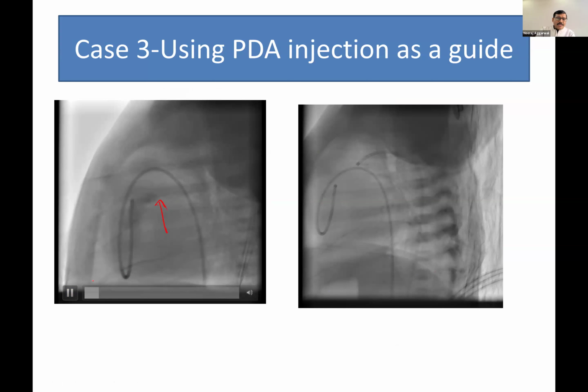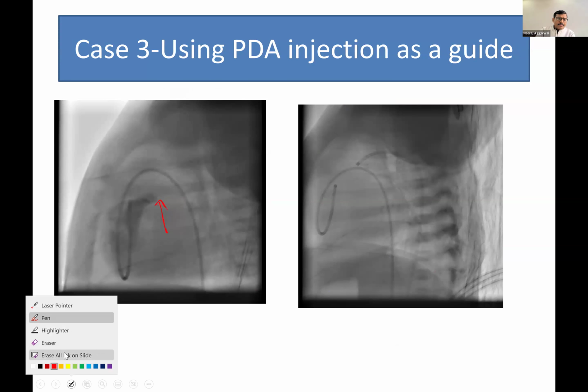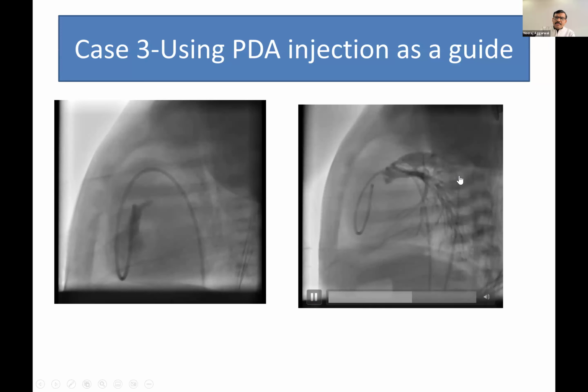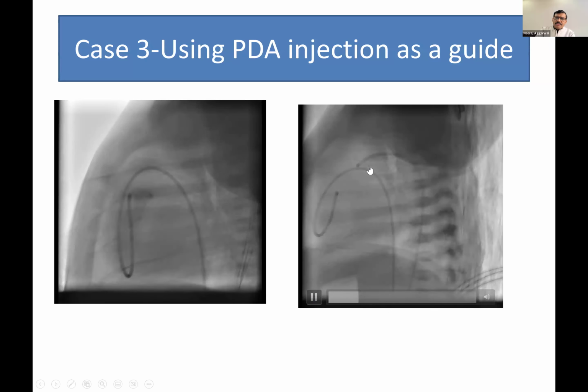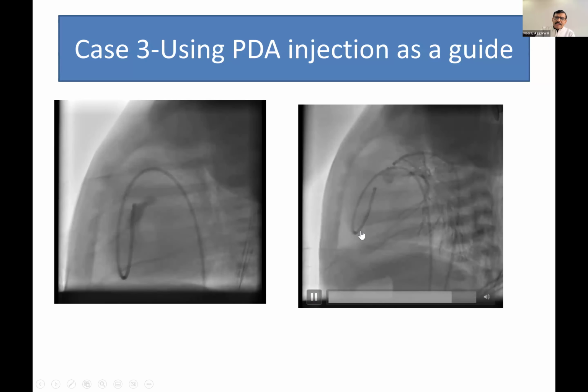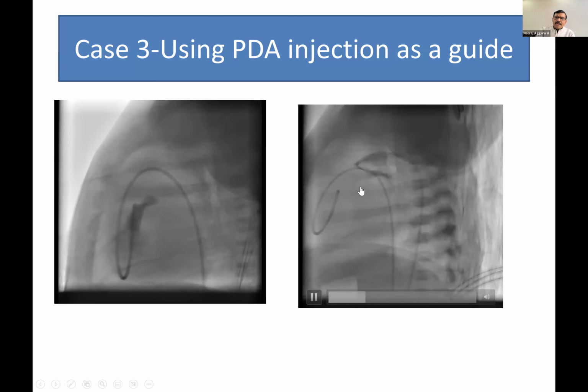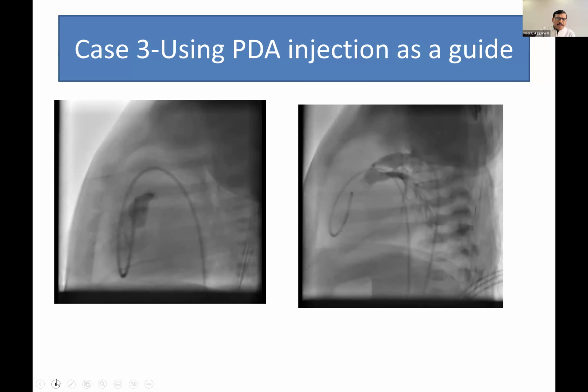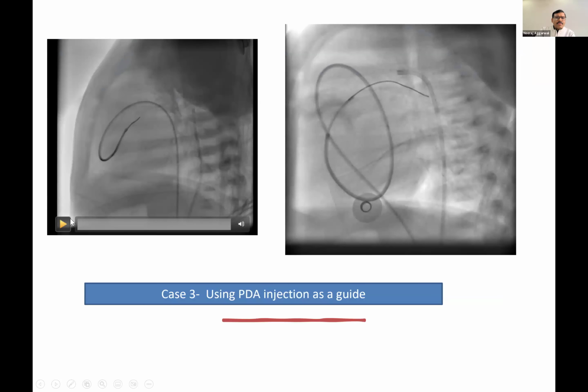Then we used this technique. We kept the multipurpose catheter in the ductus and localized the valve, and then the wire was pushed across this valve, using a guiding as a catheter like this. We kept injecting into the PDA, localized the valve, and then the CTO wire was used to enter the pulmonary valve.